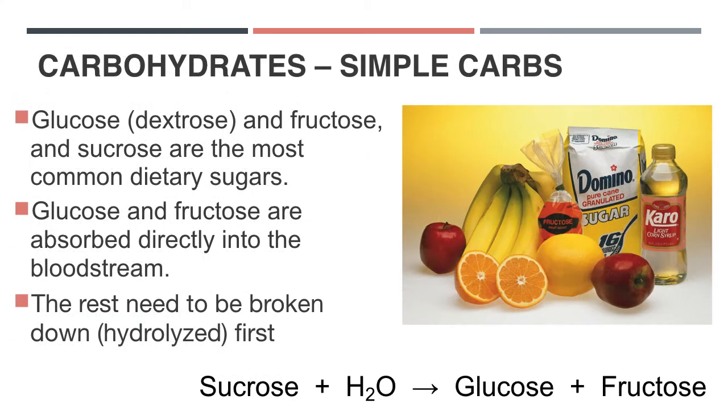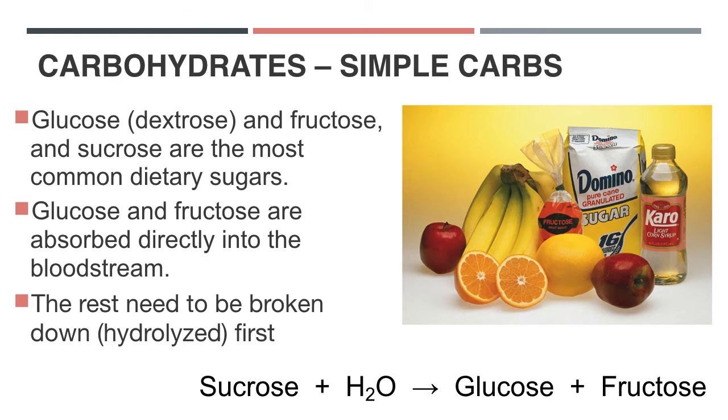So just to start with a little bit about carbohydrates, there are different types of carbohydrates. There are simple carbohydrates and complex carbohydrates. The monosaccharides, glucose and fructose, and the disaccharide, sucrose, are the most common dietary sugars, and these are considered simple carbohydrates.